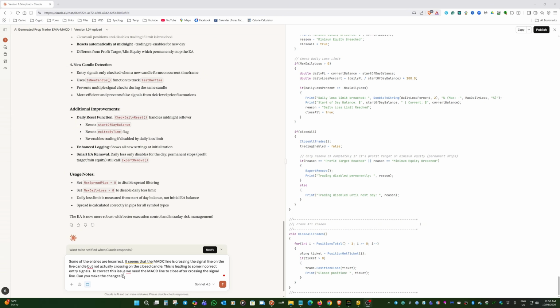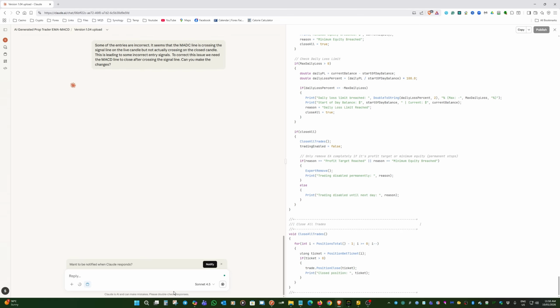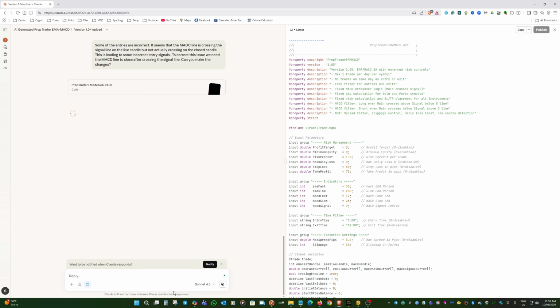Explain to Claude what we are trying to change here about the MACD line crossing. We need the MACD line to close after crossing the signal line. So at the moment it looks like it's touching the line and then going back again, but we're still getting the signal anyway because it has actually crossed on the live candle. So let's see what Claude can do to modify this, and then we will test it as well.